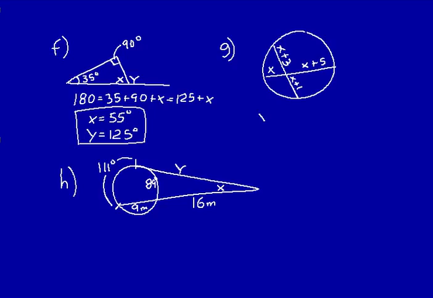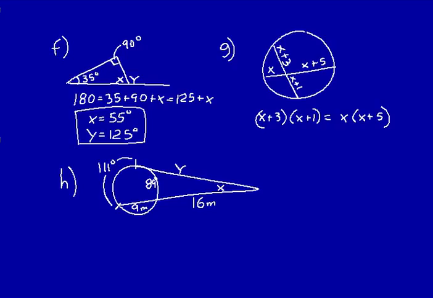So in other words, x plus 3 times x plus 1 is equal to x times x plus 5. That's a property of intersecting secants inside of a circle, and that can be proven by looking at similar triangles.